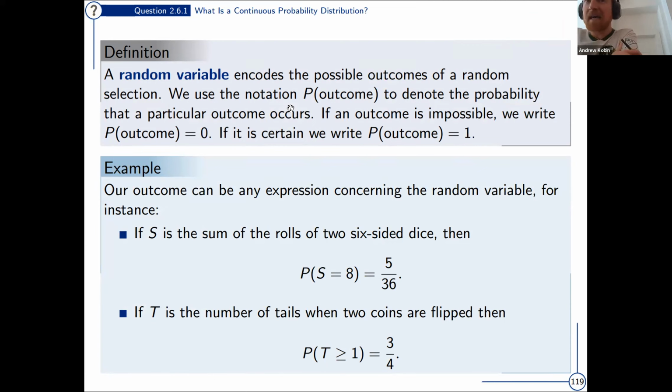So let's define what it means to have a random variable. In math, we like to give things names and then study those things based on the properties that their definition encodes. So for us, a random variable will be an abstract system for keeping track of the outcome of a particular event or a series of events.